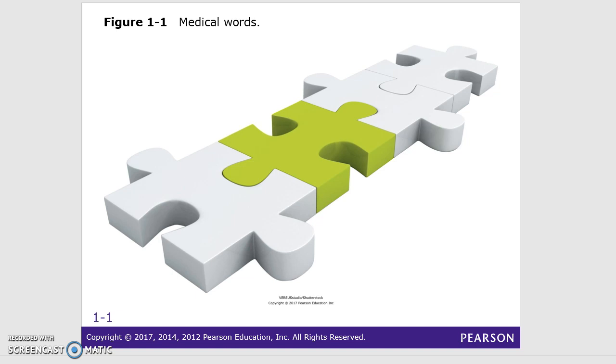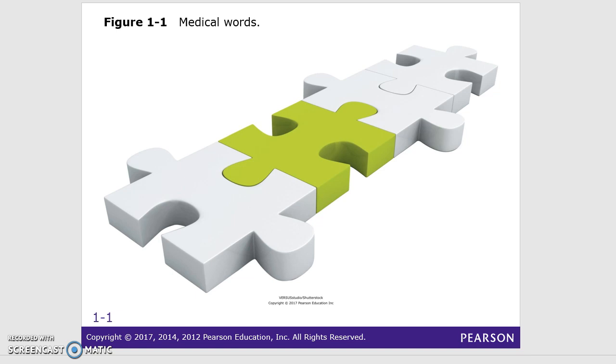So this particular chapter is going to kind of give you some history behind medical language, where it originated, where it came from, where some of those words started a long time ago. And then you're going to start looking at things like, how do I pluralize a word, and things like that. And then you're going to get into those different word parts.